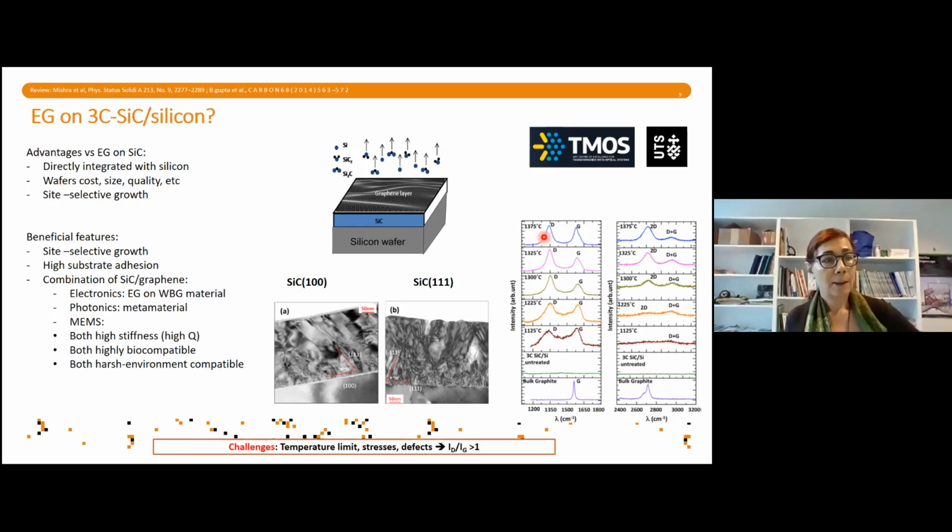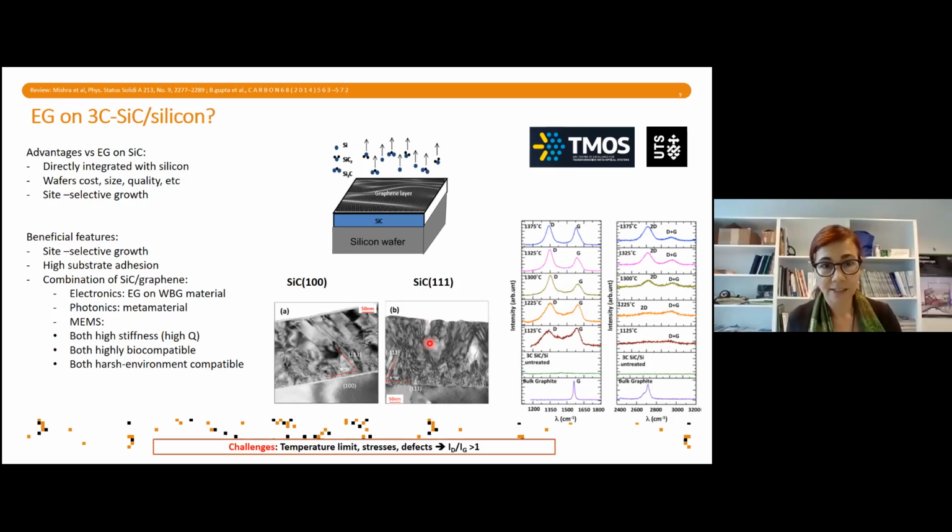Why is that? Well, there are quite a few reasons why this is the case, and quite compelling reasons. First of all, if you have a look at the template that we're working with in this case, which is silicon carbide and silicon, because of the lattice mismatch of these two materials, it is particularly challenging, extremely defective. And clearly, if you start with a defective template, you will have a defective layer.